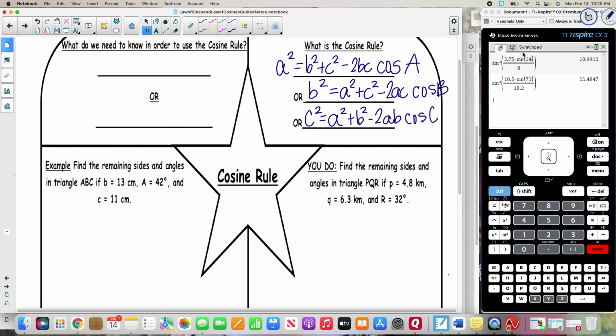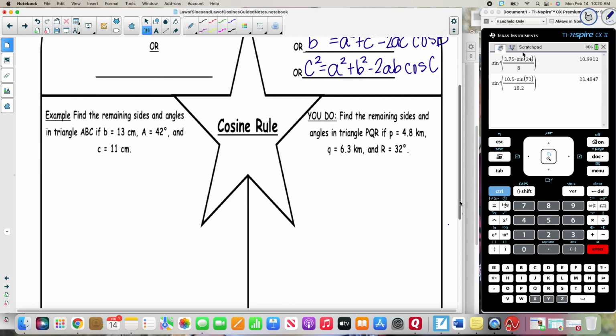So in my class, you will not have any ambiguous cases. So if you Google law of cosines problems to work, or you have a tutor and you are working law of cosines, I'm not giving you any ambiguous cases. Okay?